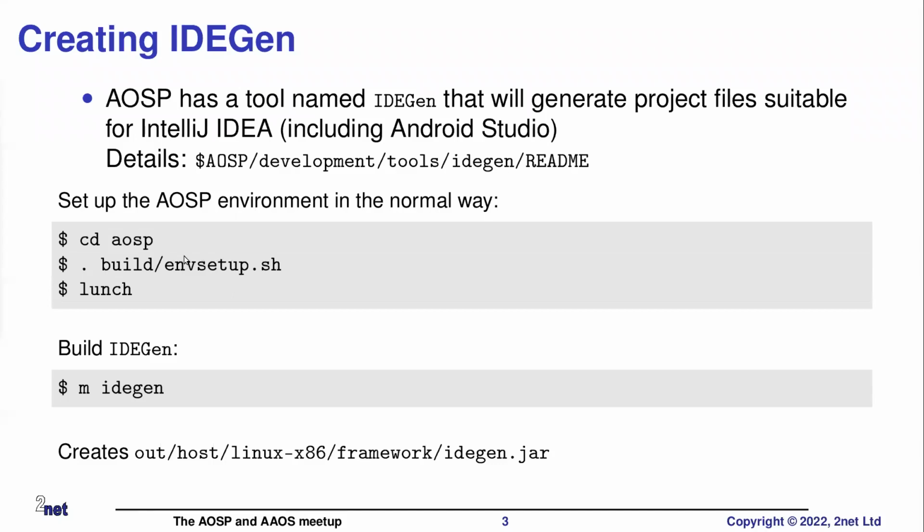So, the usual thing: we set up, run lunch, and select your target, whatever it may be. Then you need to build the tool. You need to build a jar file. So you do IDE Gen, it chugs away for 2 or 3 minutes, and it generates a jar file.